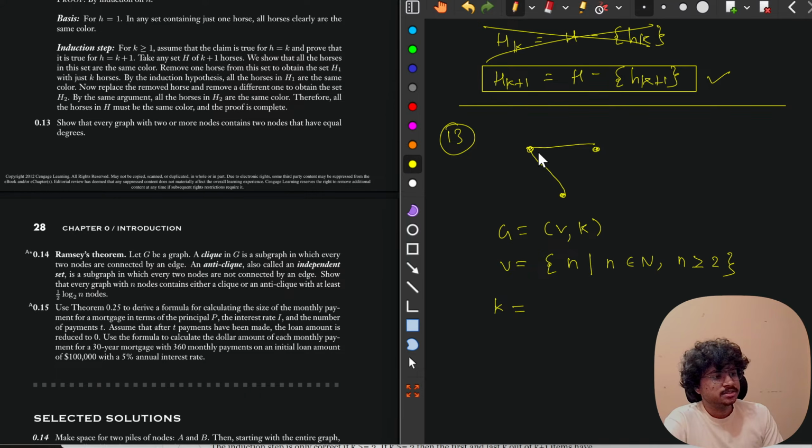You have to remember that circle, right? I don't know how to prove this.